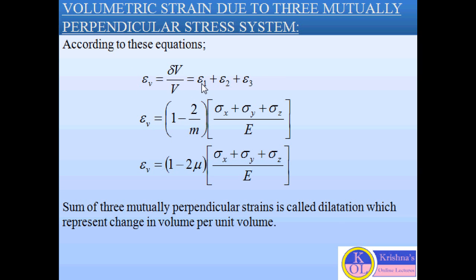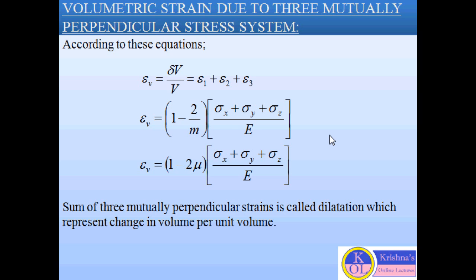If we put the equations of eta 1, eta 2 and eta 3, we will get these equations for eta v. So this equation represents the volumetric strain due to a three mutually perpendicular stress system, and the sum of these three mutually perpendicular strains, eta 1, eta 2 and eta 3, is called the dilatation, and it represents the change in volume per unit volume.